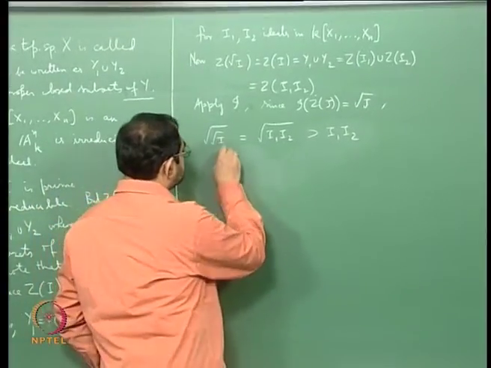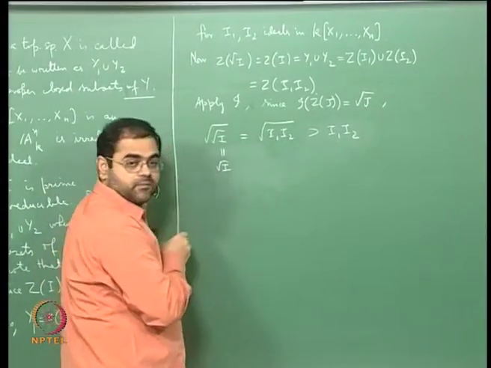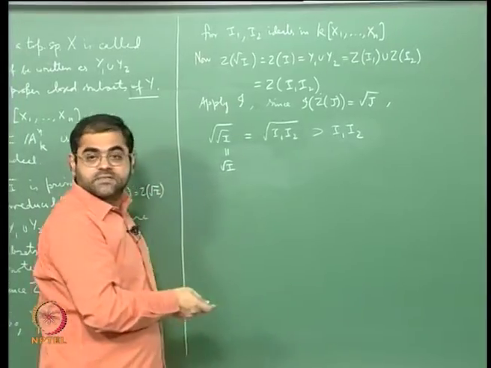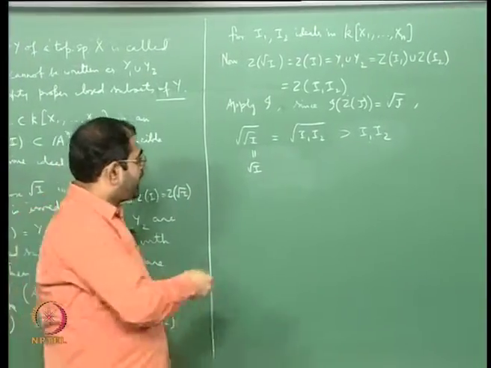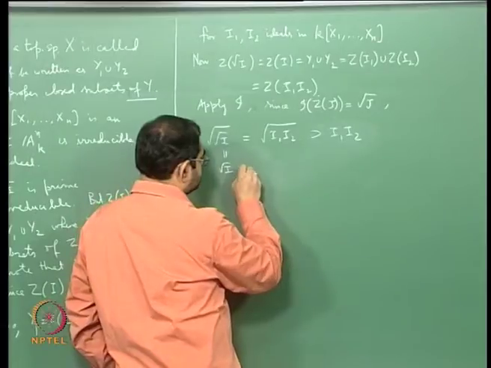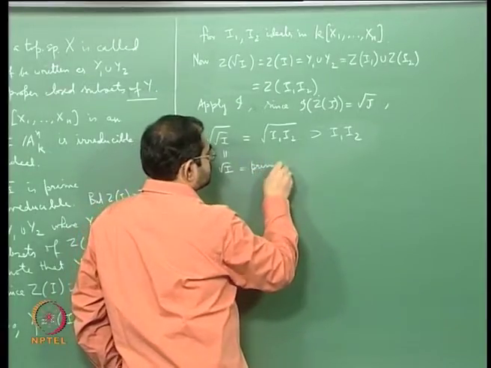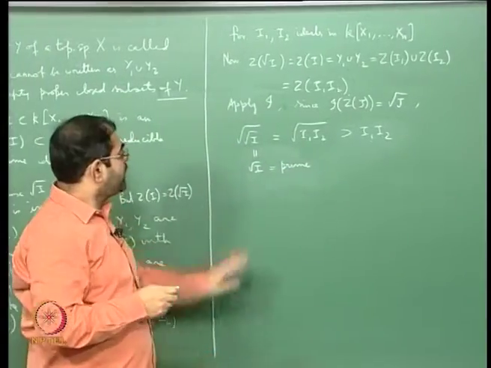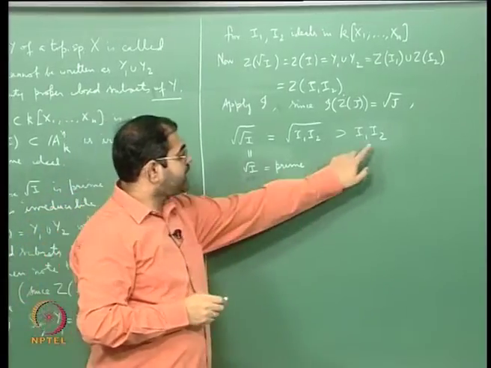And this is rad I, because taking rad more than once does not change anything, and this is prime. So you are getting a prime ideal contains the product of ideals.